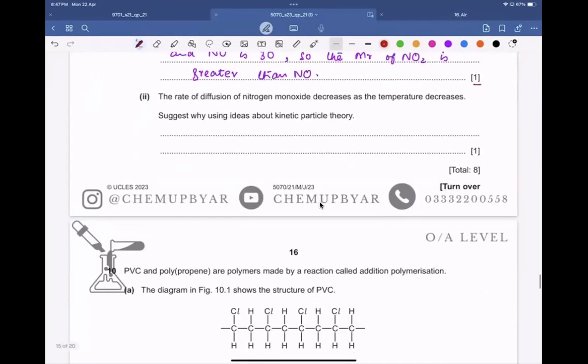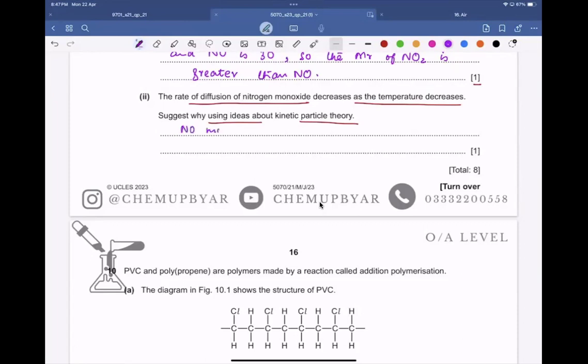Okay. Now, the rate of diffusion of nitrogen monoxide decreases as the temperature decreases. Suggest why, using the idea about kinetic particle energy. So what happens at the lower temperature? Yeah, the molecules move slowly because the kinetic energy of the particles decreases, right?